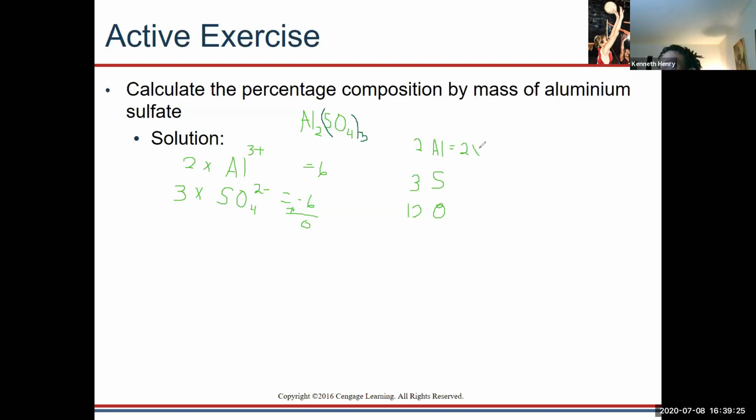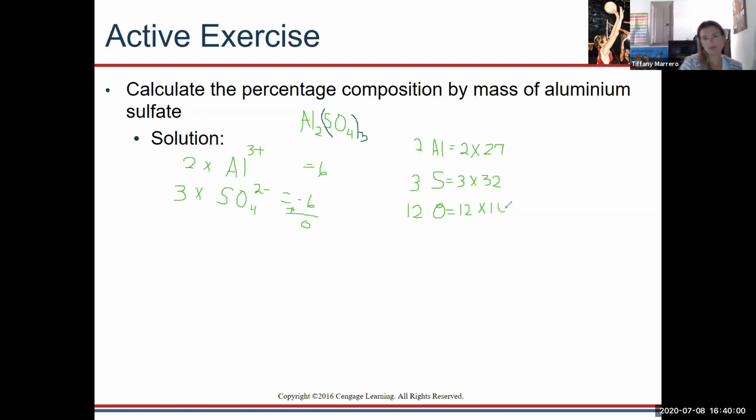So we have 2 times the mass of aluminum, which is 27, or 26.982. So 27. And then sulfur's 32, so 3 times 32. And oxygen is 16, and that's 12 times 16.